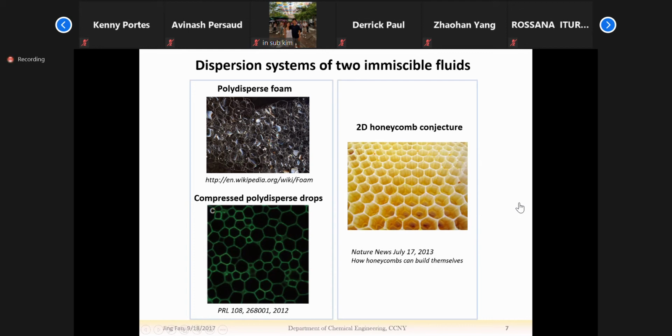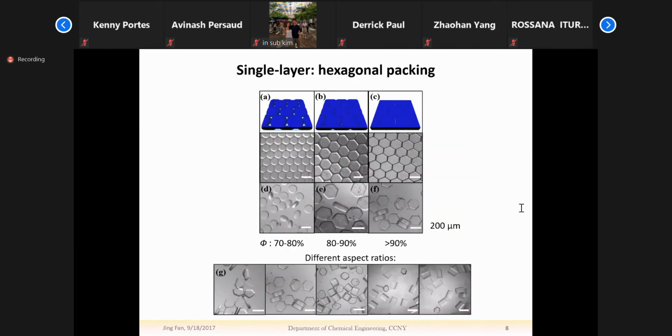Inspired by this, because we can make uniform sized droplets from microfluidics, our strategy is to first make uniform droplets, then compress them to make them deform. Then we polymerize them to form non-spherical shaped particles.